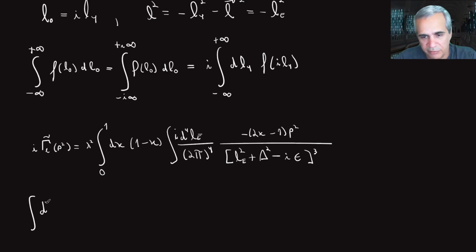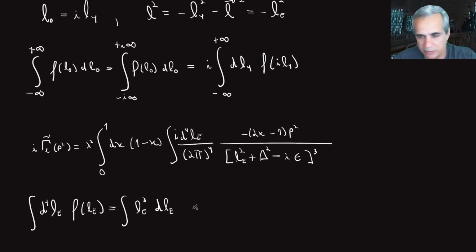So we know that d^4L Euclidean of any function of L_E that only depends on the modulus of L, which is the case here, right, is the integral of L_E cubed dL_E, which is just the modulus of this 4-vector, dΩ f of L_E.